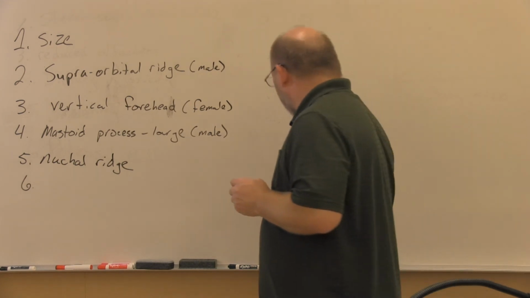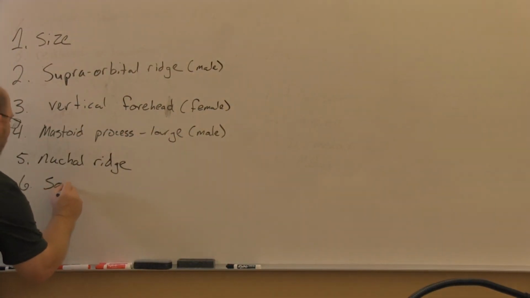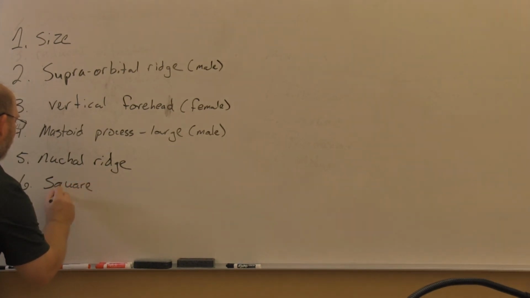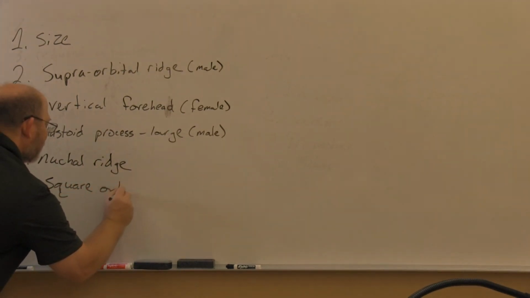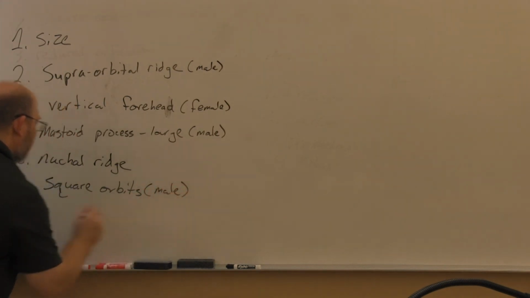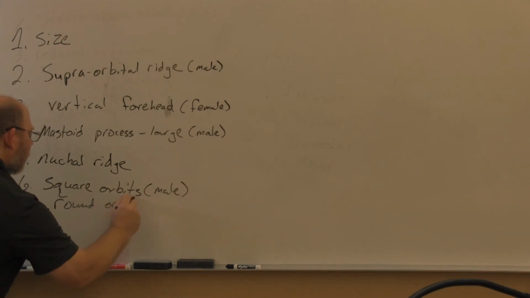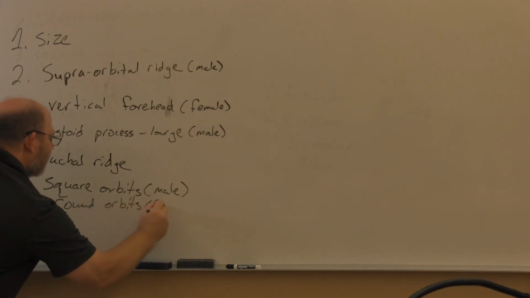So: squared orbits, male; round orbits, female.